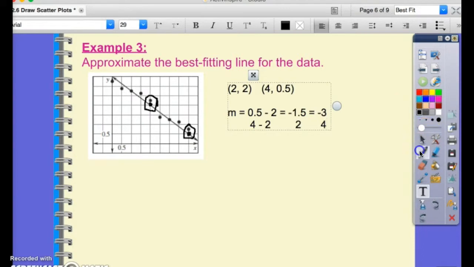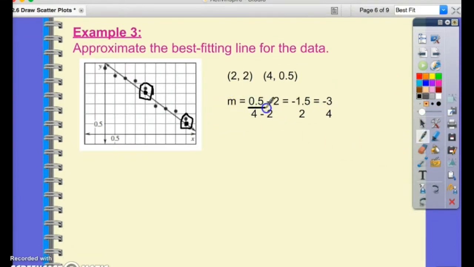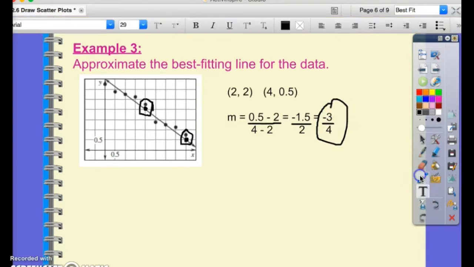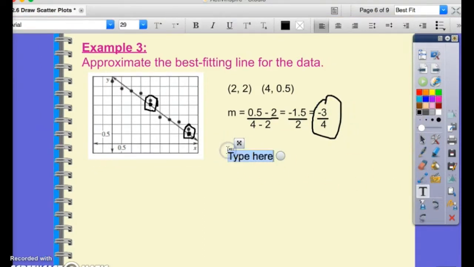And I'll put a little line between them. It's a little bit easier this way. All right, so there's my math to it. So here's my slope. Okay. So next, we've got to find the y-intercept. I'm going to use the first point.